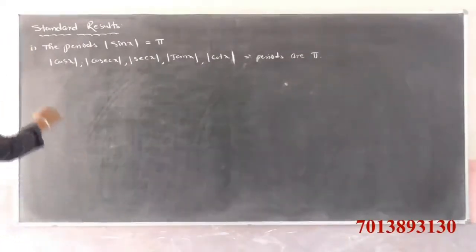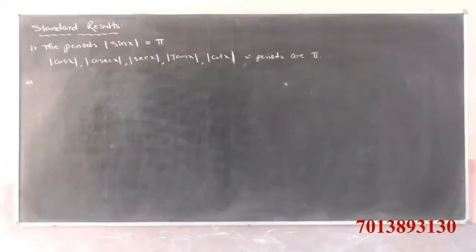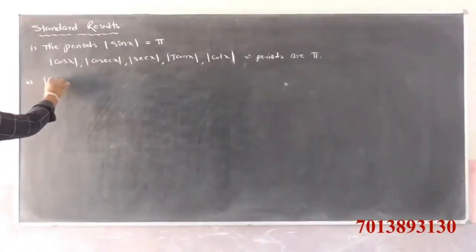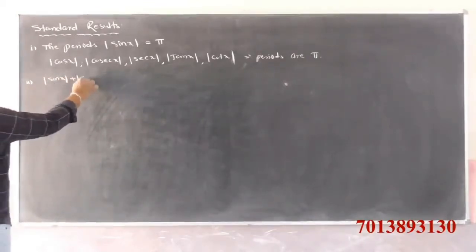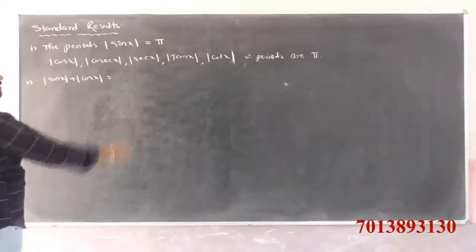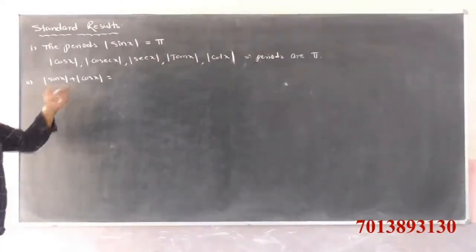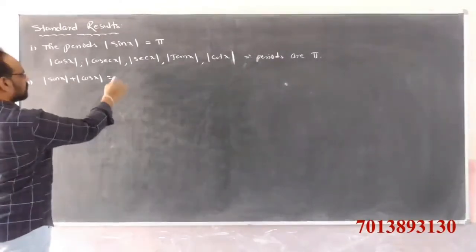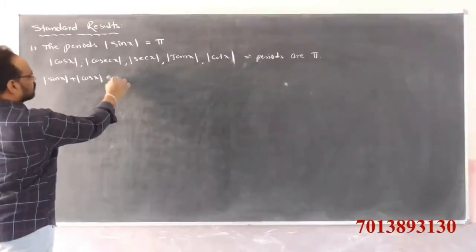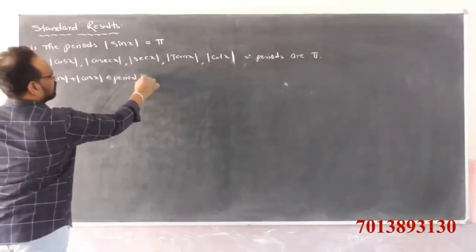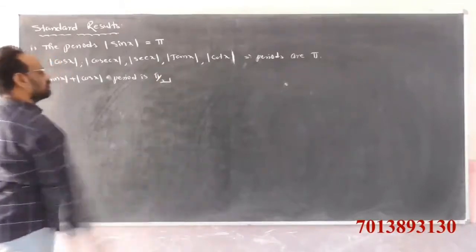Next, second point. Modulus of sin x plus modulus of cos x, period is clearly pi by 2.